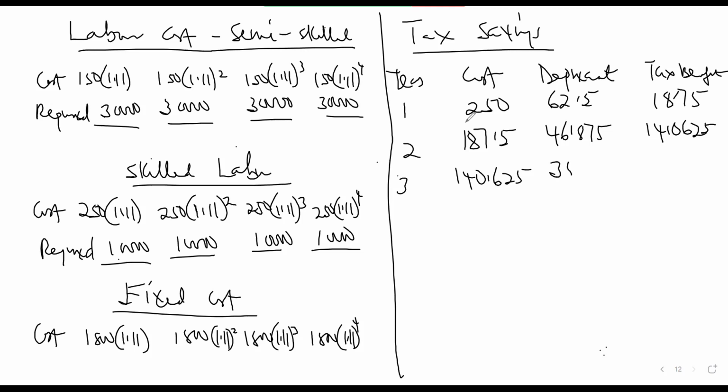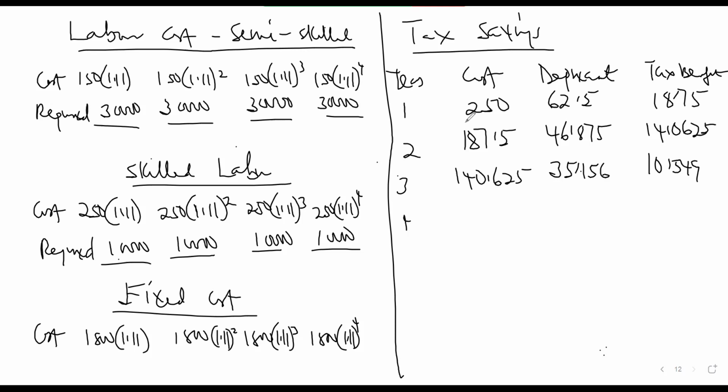Depreciation is 35.1563. Okay, let me just say 35.156. Tax will be what? 10.549.